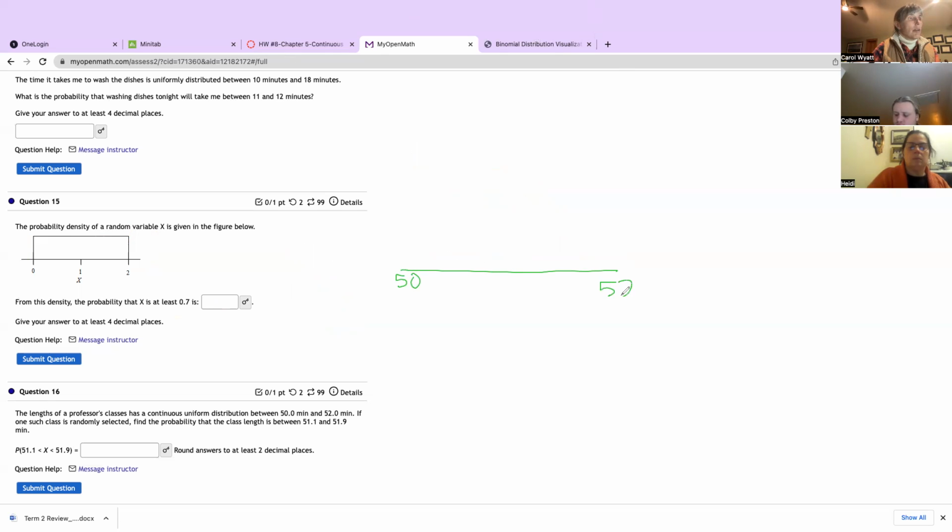It's pretty consistent. That means this distance right here from 50 to 52 is 2 again, which means this width is 1/2. Because again, this probability has to be 1.